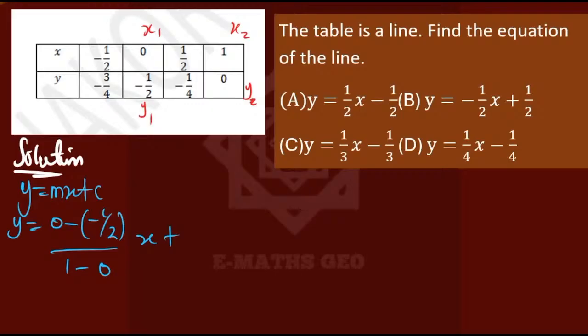The y-intercept is where x is 0, and there y is minus half. So y equals half x minus half. The answer is option A. So that's it. Thank you.